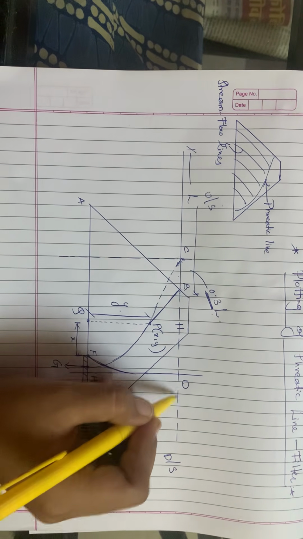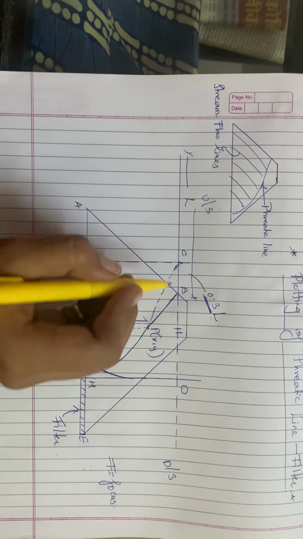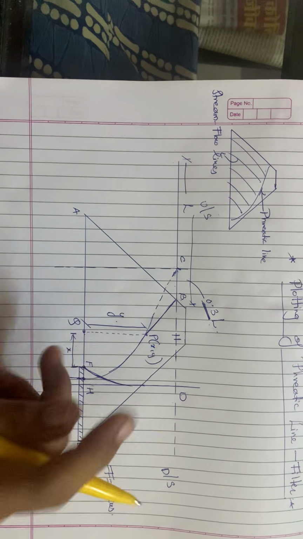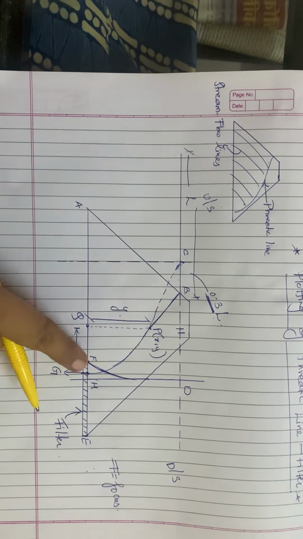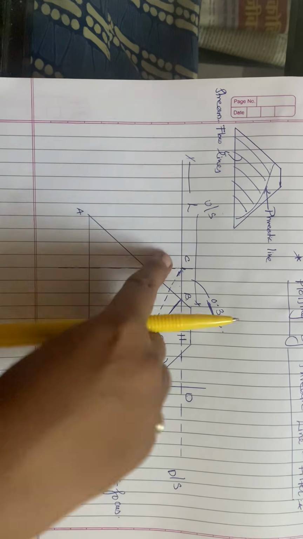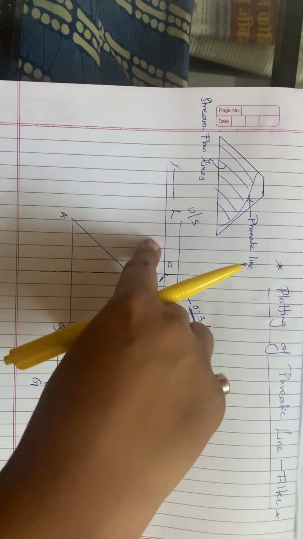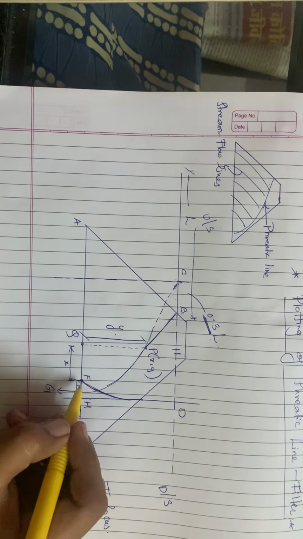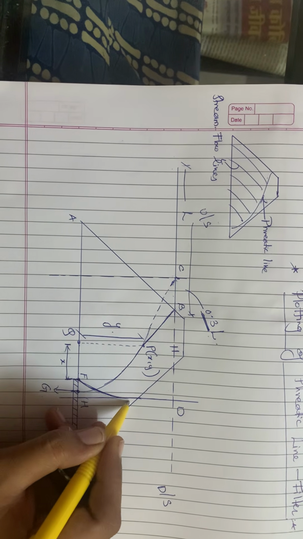So take C as the starting point and CF as the radius, and draw an arc to this horizontal line. This arc I have drawn.